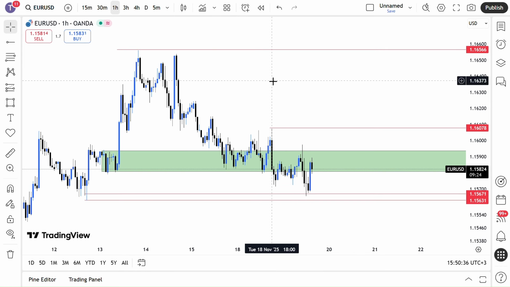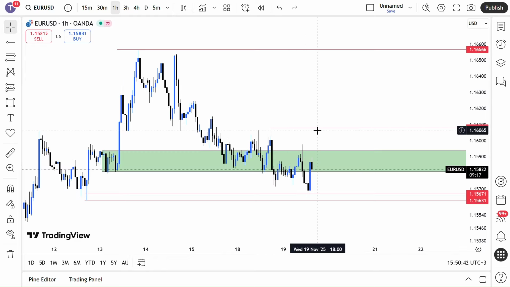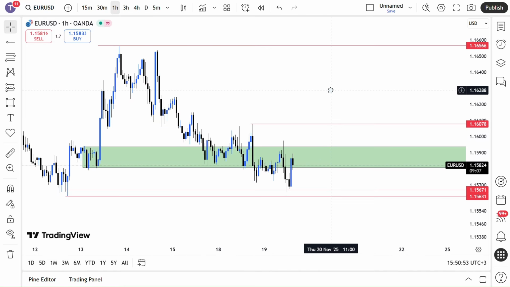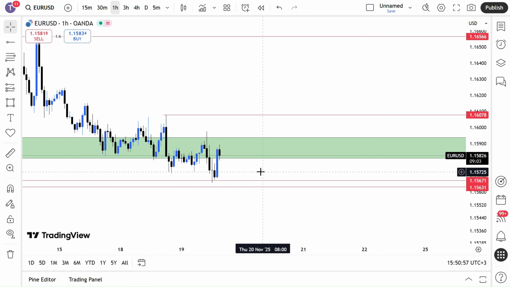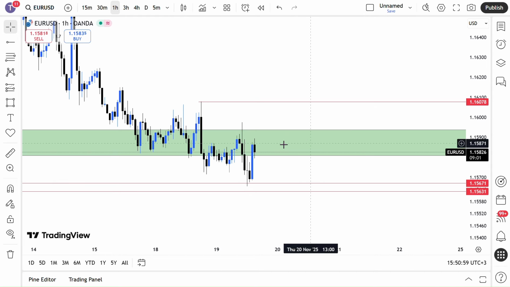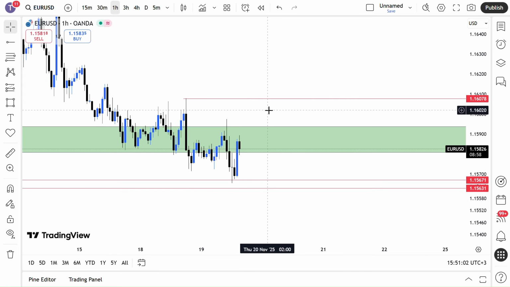So on Euro USD, I do not have a clear zone where we'll have our entry, but I'll update you guys if the market clears this high. That is when we'll be sure we have to look for continuation entry setups to the upside for our buying momentum. So let's wait for the market to have that confirmation before we have any entry.